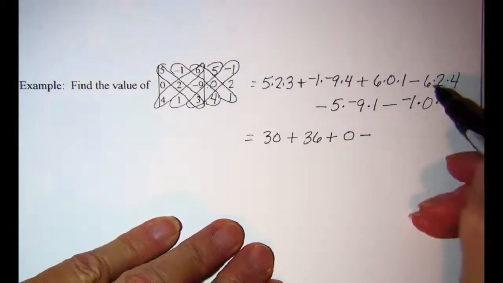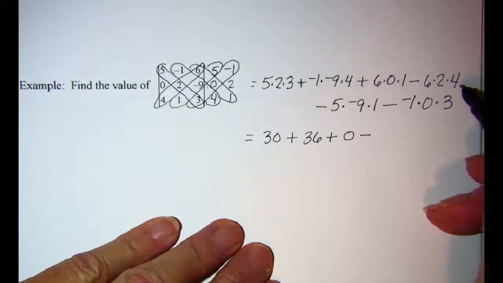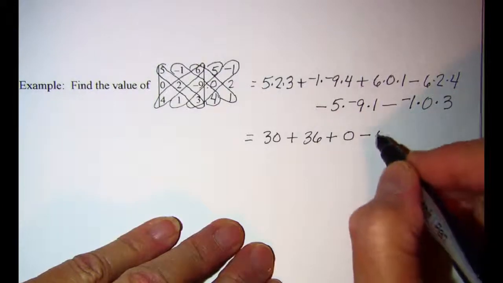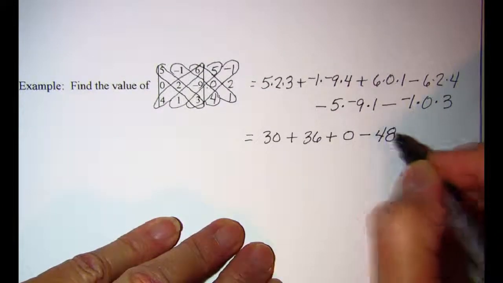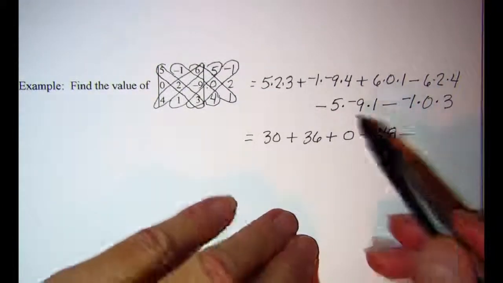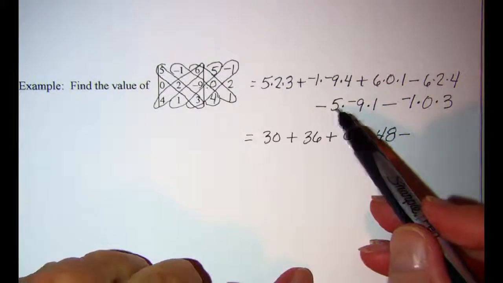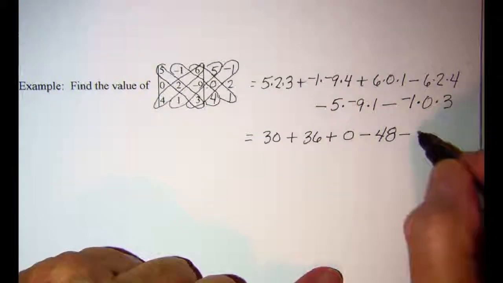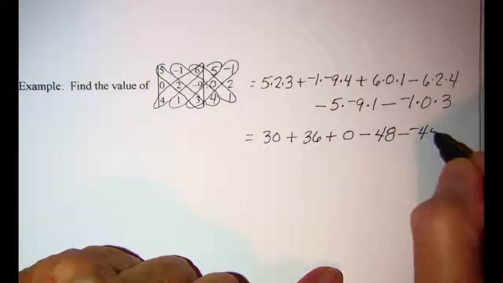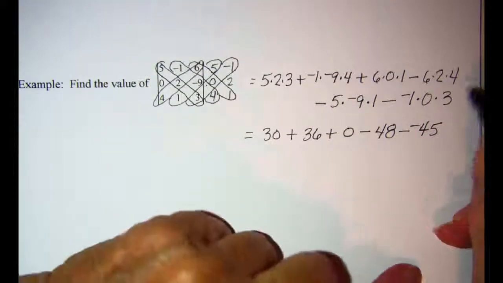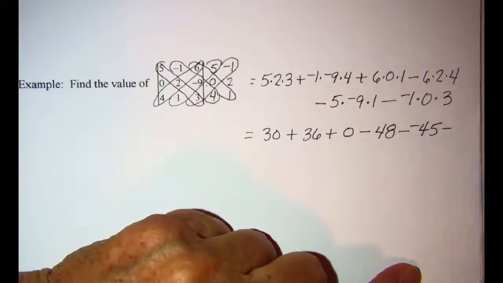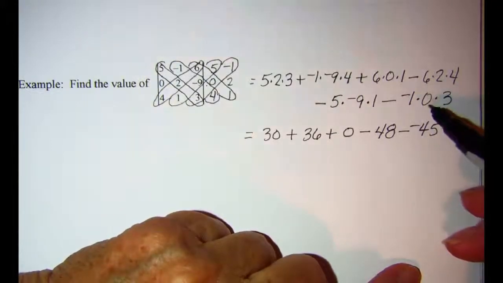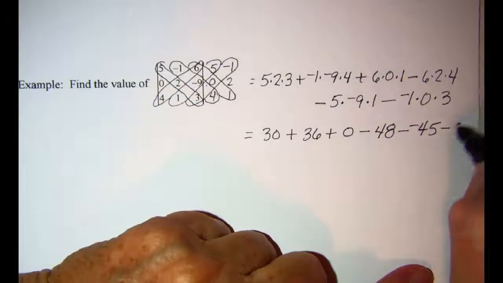Subtract 6 times 2 times 4 is 48. Subtract 5 times negative 9 times 1 is negative 45. And then subtract negative 1 times 0 times 3 is 0.